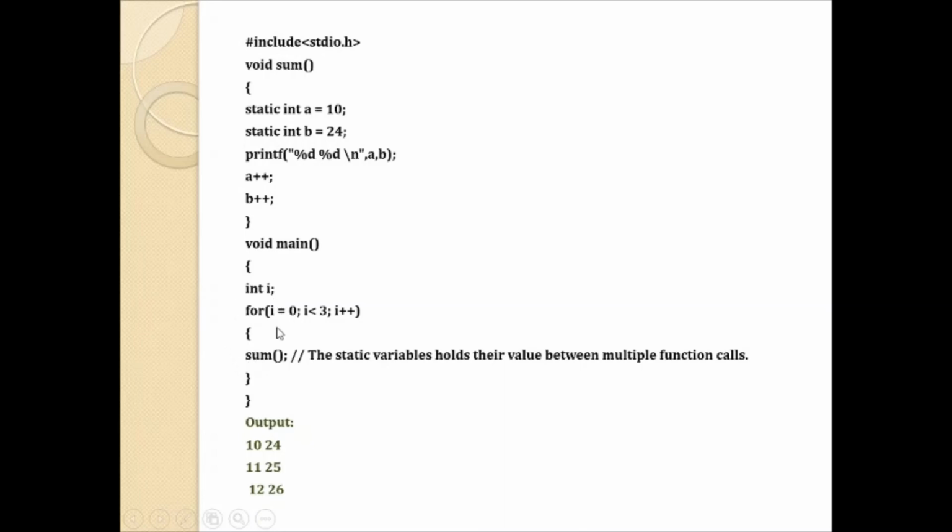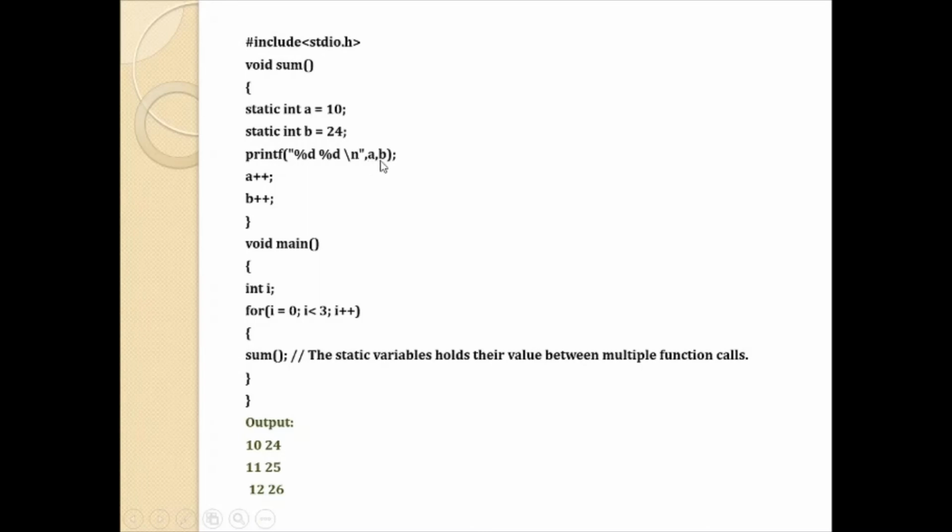Here the for loop is still continuing. Now i increments, i becomes 1. 1 is less than 3, it is true. Again it is calling the function sum. Here you just observe, when it goes to sum, it is not going to initialize a and b again. It is directly printing a and b.